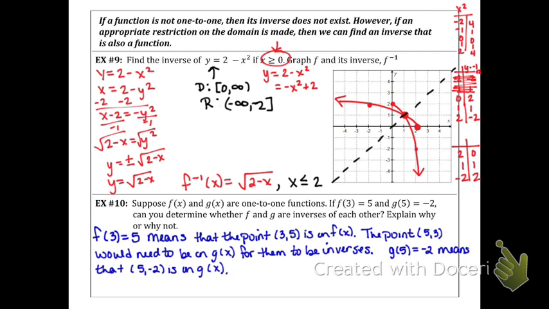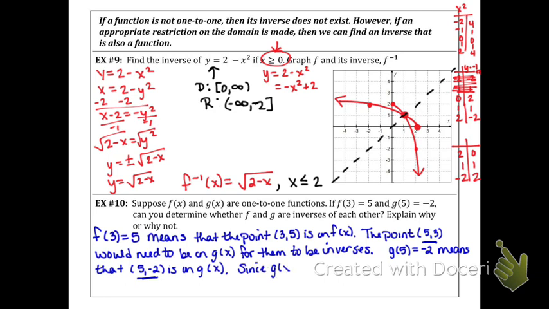You can't have 5, -2 and 5, 3 and it be a function, okay? And we know that g of x is going to be a function. So therefore, we know that these two cannot be inverses of each other.